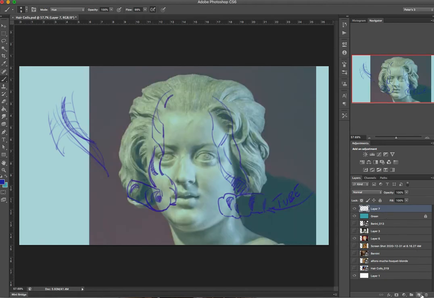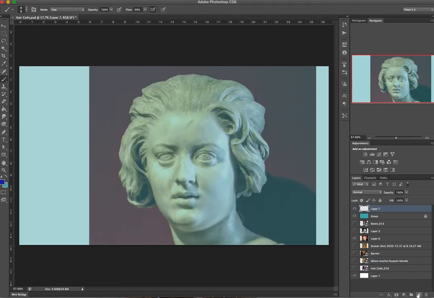Now, this was Bernini's mistress, and this is more natural. But even though it's natural, it still has a slight style. One thing that painters do, and good sculptors, is that the hairline in here is always blended with the scalp.